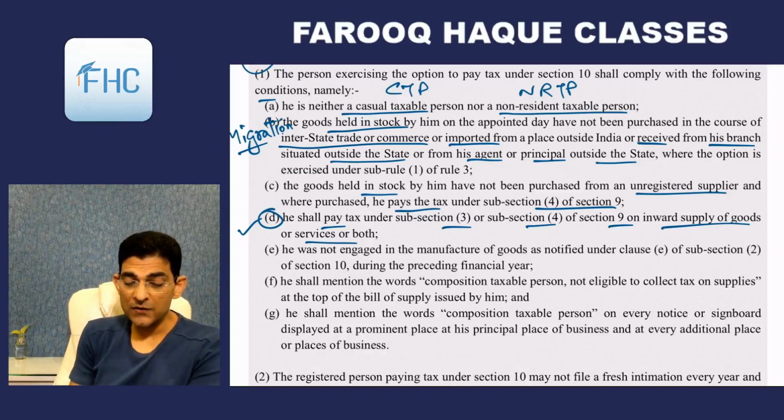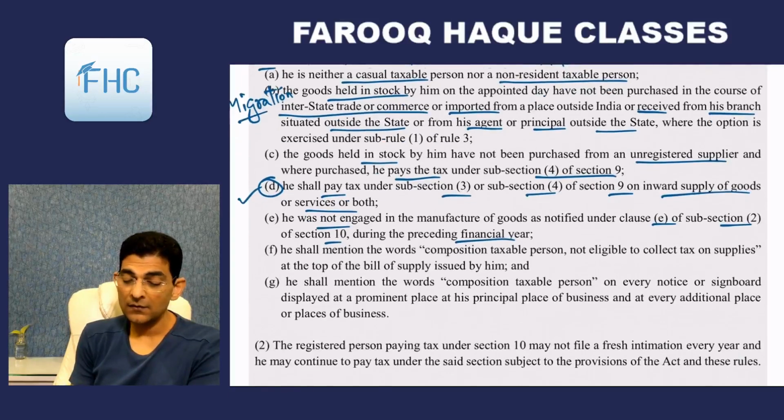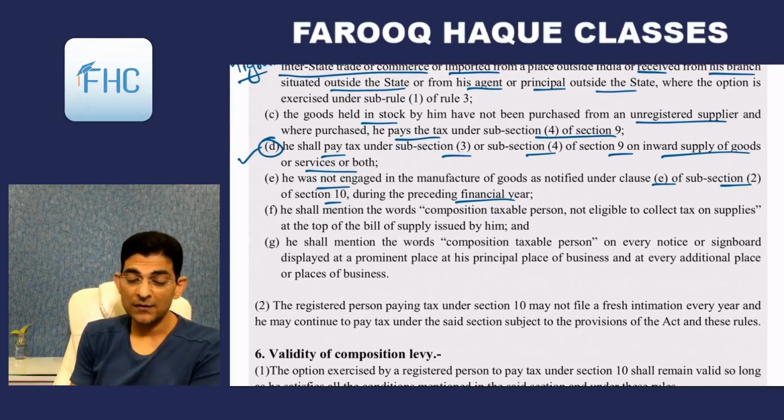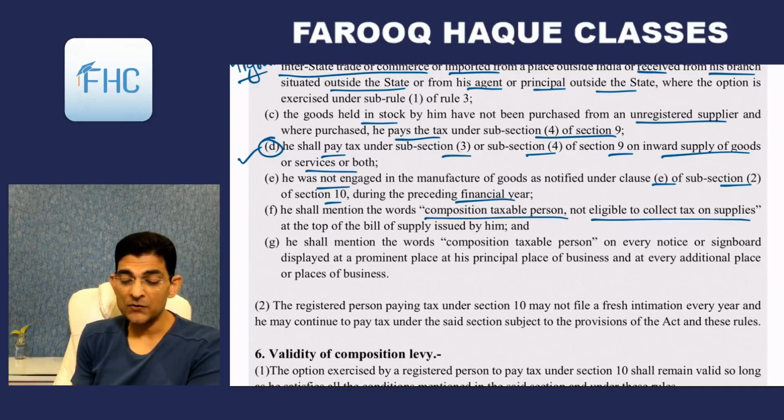Then he was not engaged in manufacture of goods as notified in clause E of subsection 2 of section 10 during the preceding financial year, as we saw in subsection 10(2). Then he shall mention the words composition taxable person not eligible to collect tax on supplies.